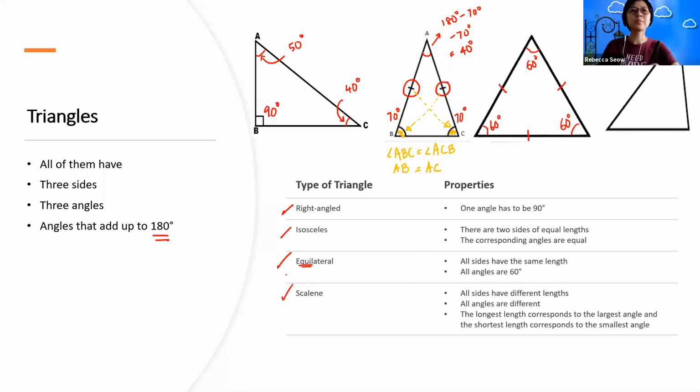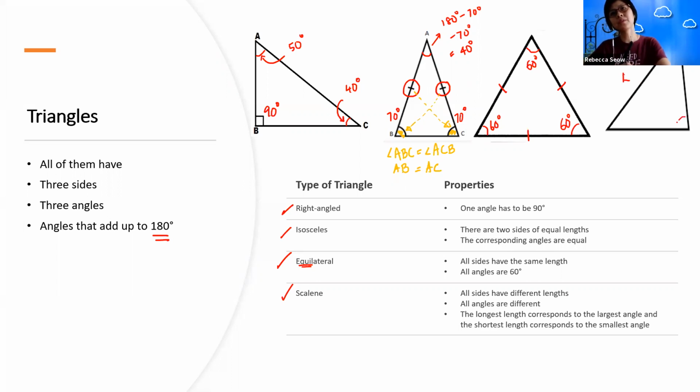Lastly, we explore the scalene triangle, whereby all sides have different lengths, and because all sides have different lengths, all angles are different. The longest length corresponds to the largest angle, whereas the shortest length corresponds to the smallest angle. So if you look at the last triangle, you realize that this is the longest length.